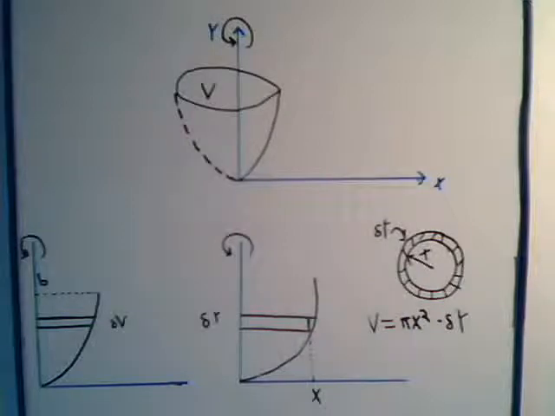Now notice that when we're making our rectangle, we're clipping off part of the element that comprises this volume element delta V. So we have to keep in mind that what we're doing is only going to be an approximation to delta V.